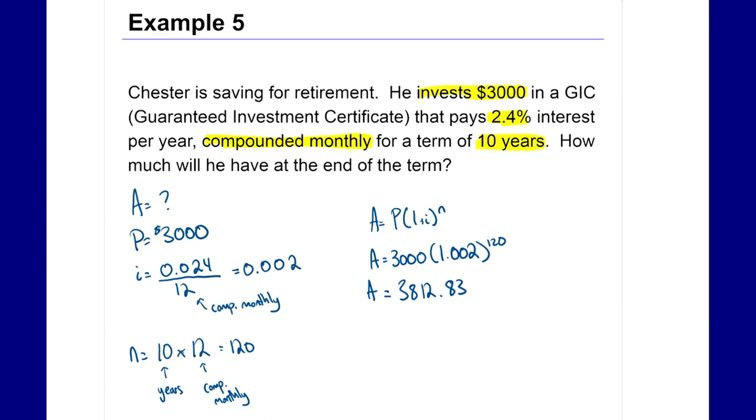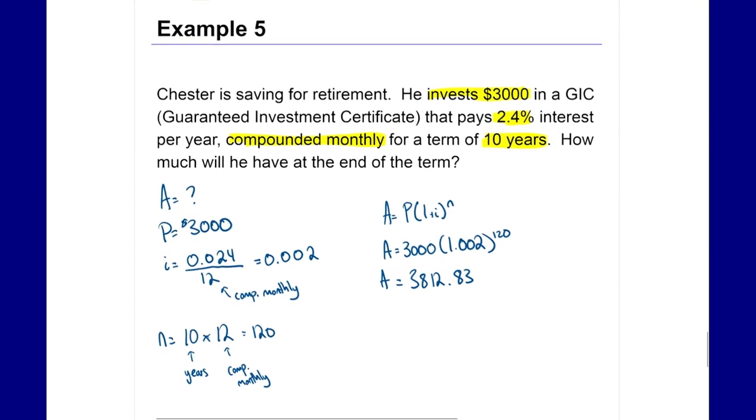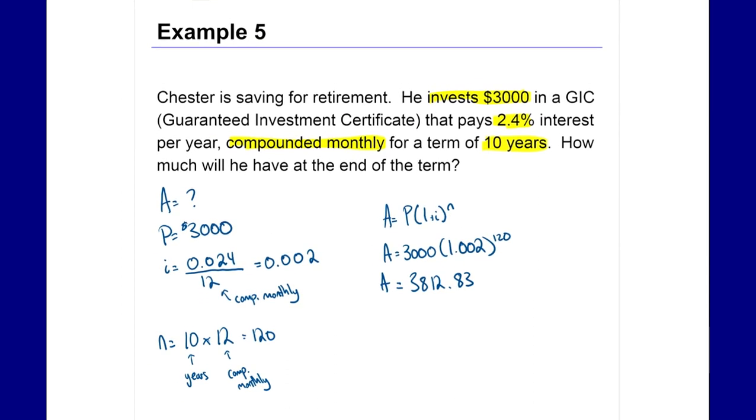But again, the main thing is we're dealing with a very similar formula to exponential growth, with the growth given as a percent, with some new terms for our variables, focusing on the financial aspect of it rather than just general scenarios.